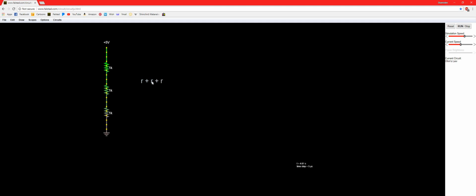So the equivalent resistance of all of those resistors is R plus R plus R, equals the equivalent resistance.